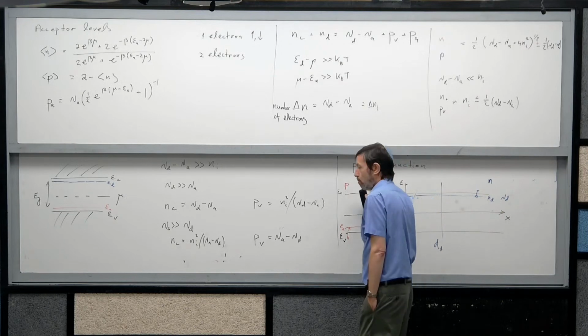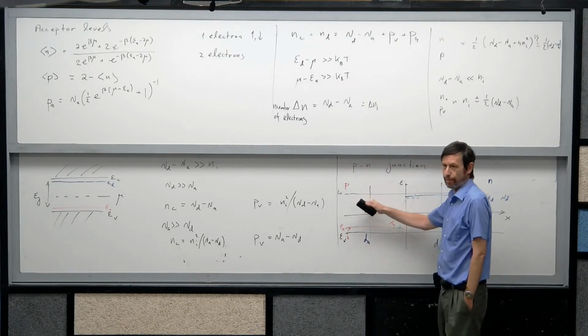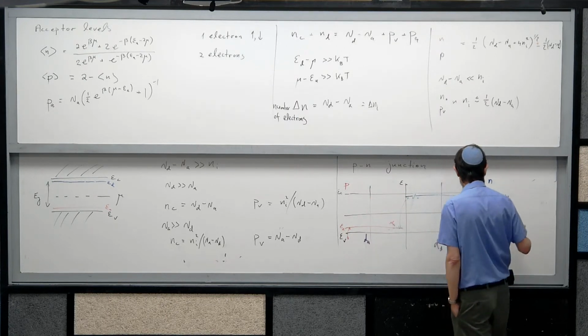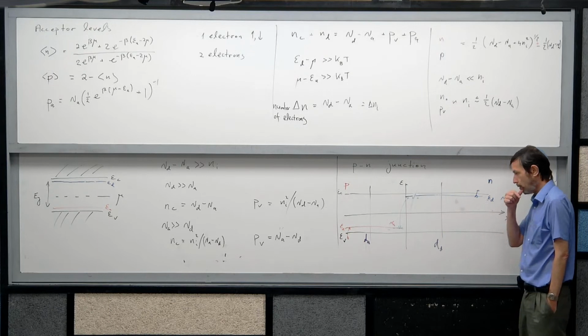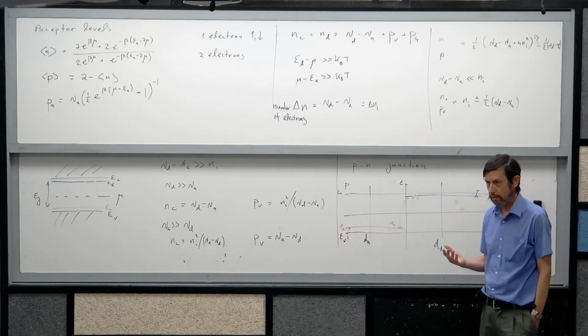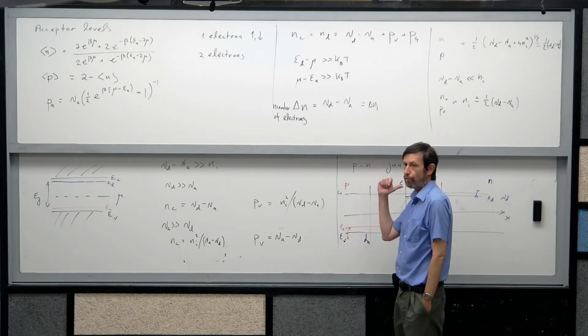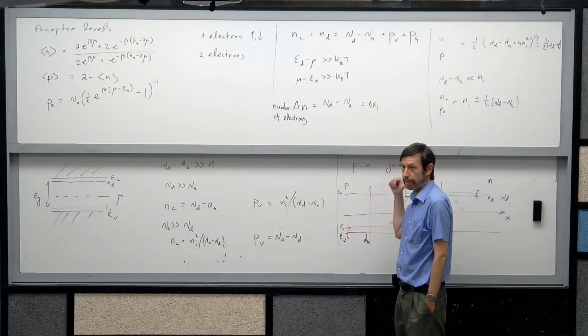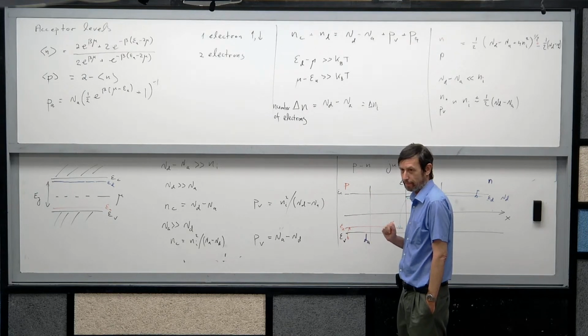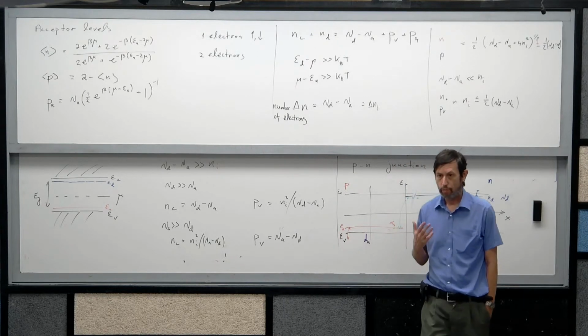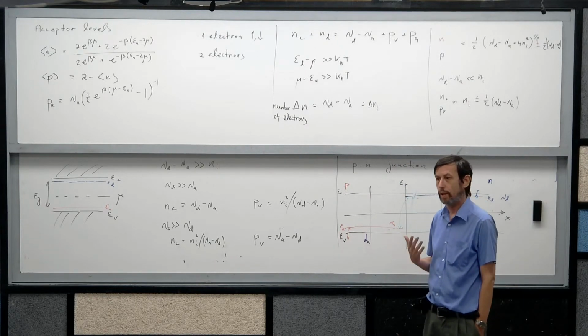Now, why is this system interesting technologically? Because, and we'll show it in details further on, we'll do actually the calculation. This guy can move current in one direction, but can't move current in the other direction. So we have here basically a rectifier.